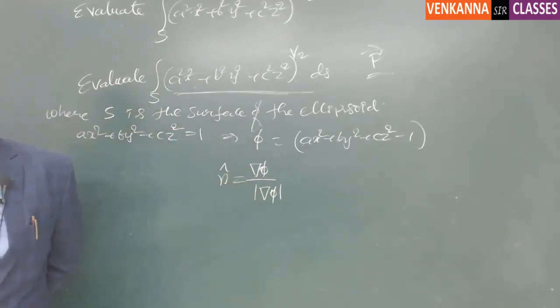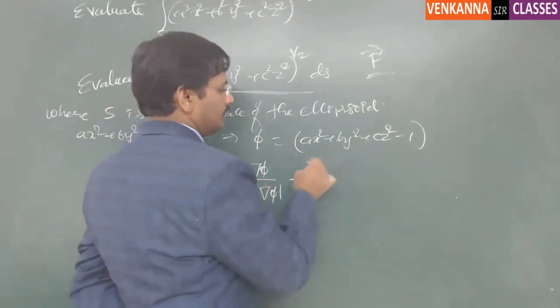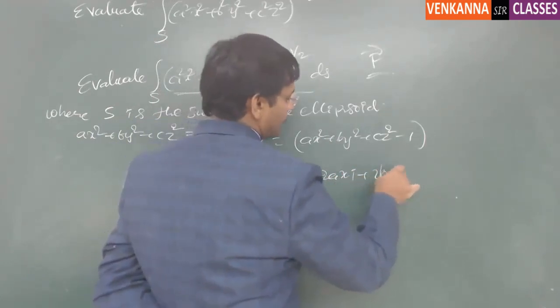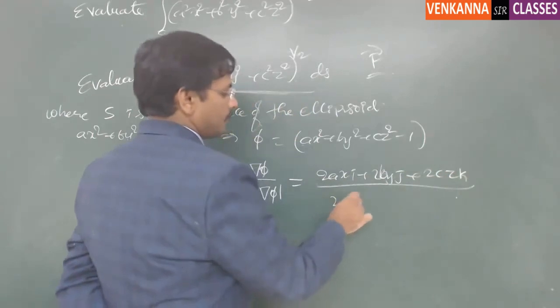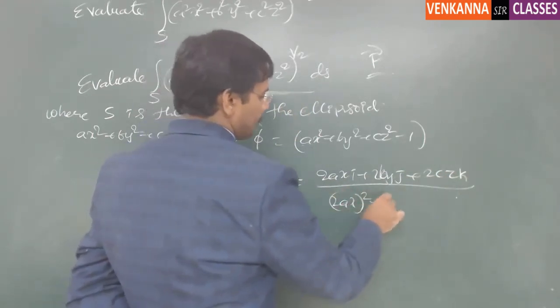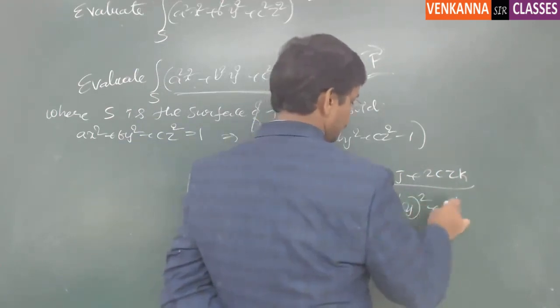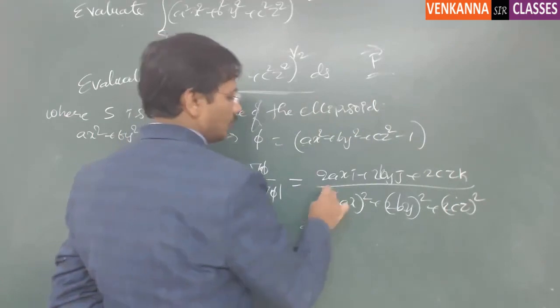So del phi is 2ax i + 2by j + 2cz k, divided by the square root of (2ax)² + (2by)² + (2cz)².